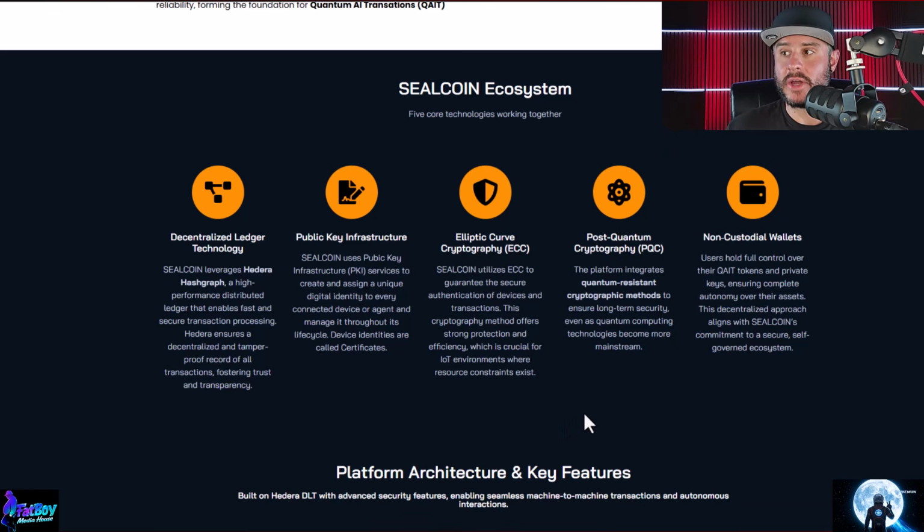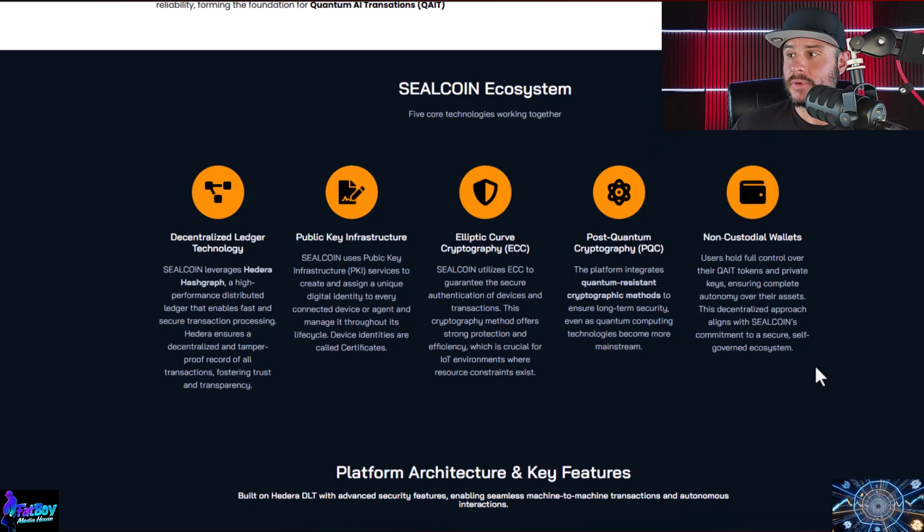Then we have post-quantum cryptography, or PQC. The platform integrates quantum-resistant cryptography methods to ensure long-term security, even as quantum computing technologies become more mainstream. Then we have non-custodial wallets. Users hold full control over their Qait token and private keys, ensuring complete autonomy over their assets.